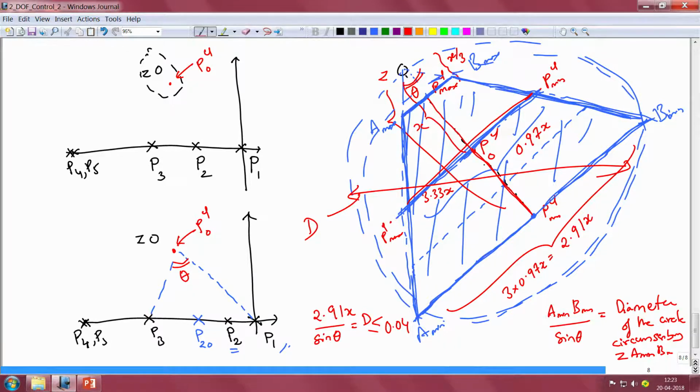In doing so we ignore the angle contributions from the points P4 and P5 because they are very far away from the origin, and assume that the angle that the point Z bar subtends at the point PCL naught is approximately 90 degrees because the points Z and Z bar are placed very close to the points PCL naught and PCL naught bar. With this assumption we can obtain the angle of this orientation of the zero with respect to the point PCL naught.